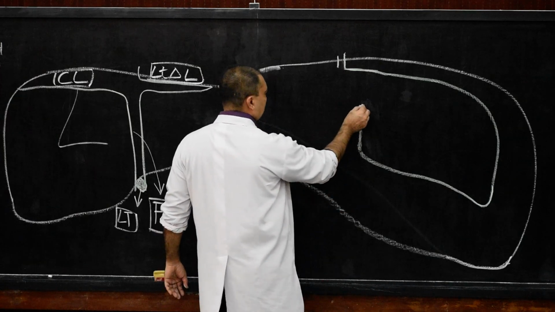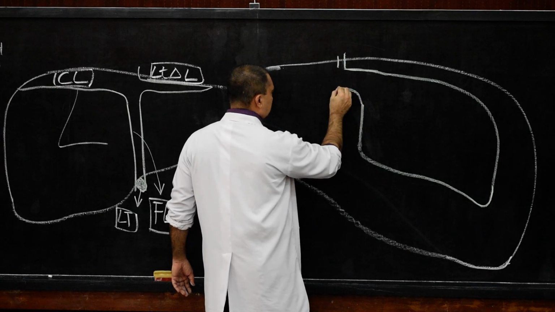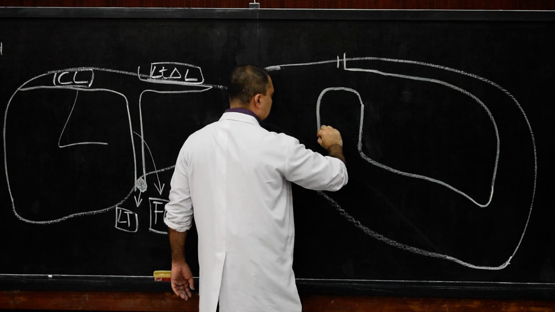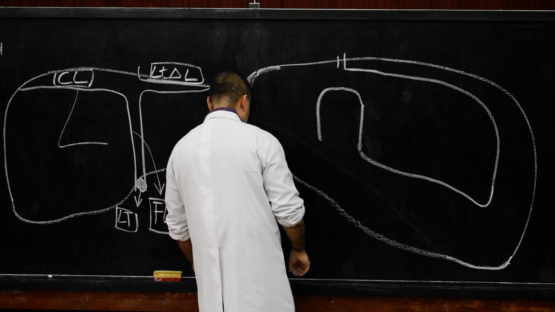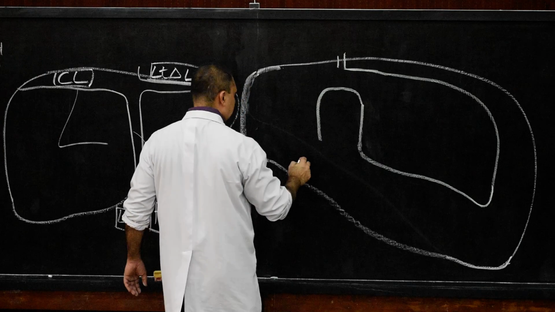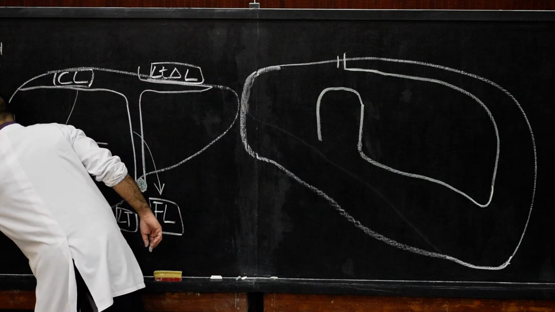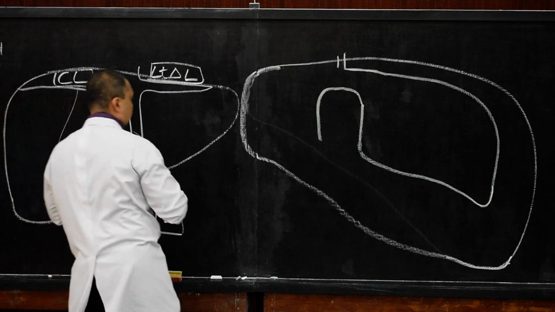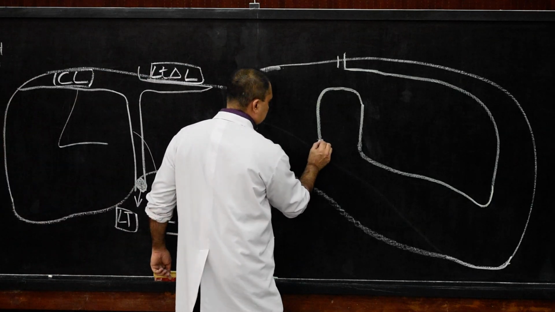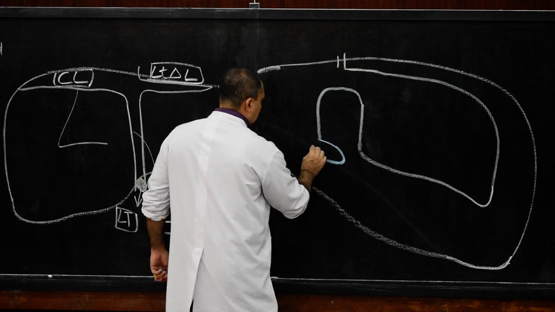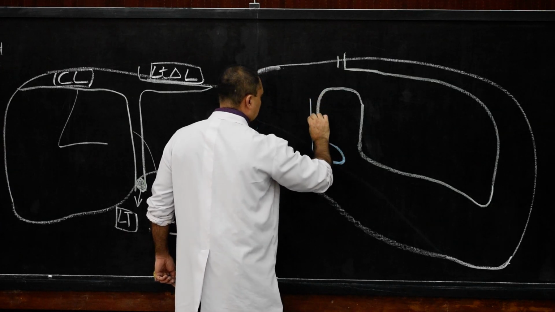Here there will be caudate lobe, and then after forming this caudate lobe, it will pass down, and at this level we need to show the porta hepatis. So we are going to show the porta hepatis here, and then we are going to continue above.